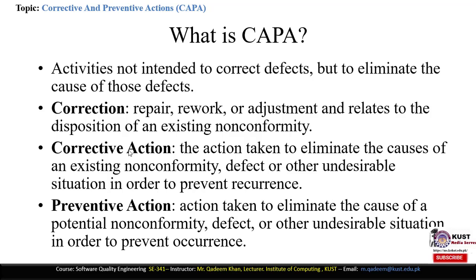While the preventive action means an action taken to eliminate the cause of the potential non-conformity or the defects or some other undesirable problems, and to prevent the occurrence of certain defects and other undesirable problems.